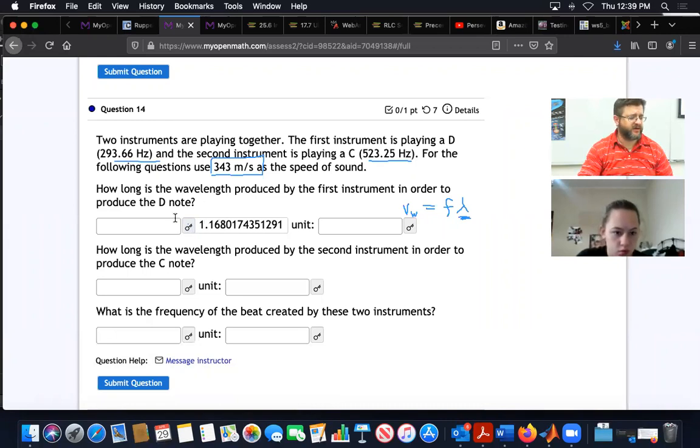How many significant figures did you use? Well, I used wavelength equals velocity times the period because I converted it. So you just took 1 over the frequency to get the period? That also works.